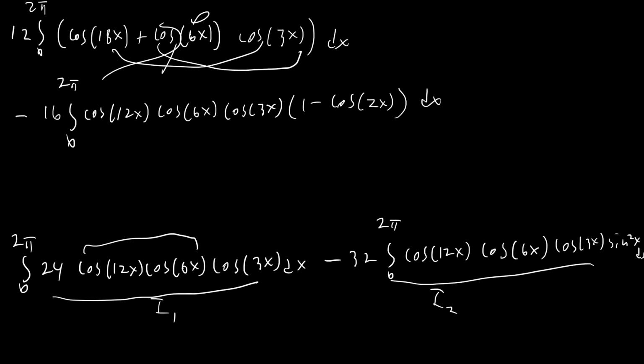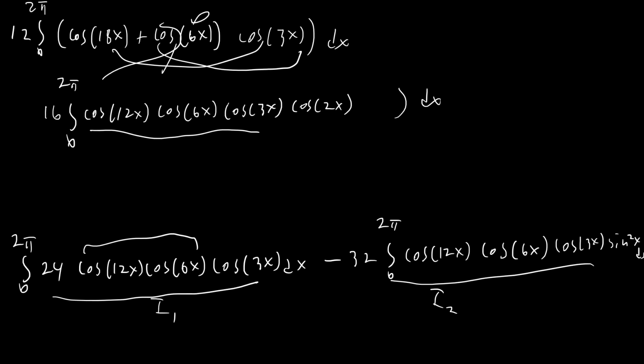Okay, well we know that this part multiplied by that goes to 0 because we did it before. So we could just write this as positive 16 and then cosine 2x right here. Yeah, this should just go to 0. Yeah, I'm going to go ahead and take a guess and say that it goes all the way to 0.